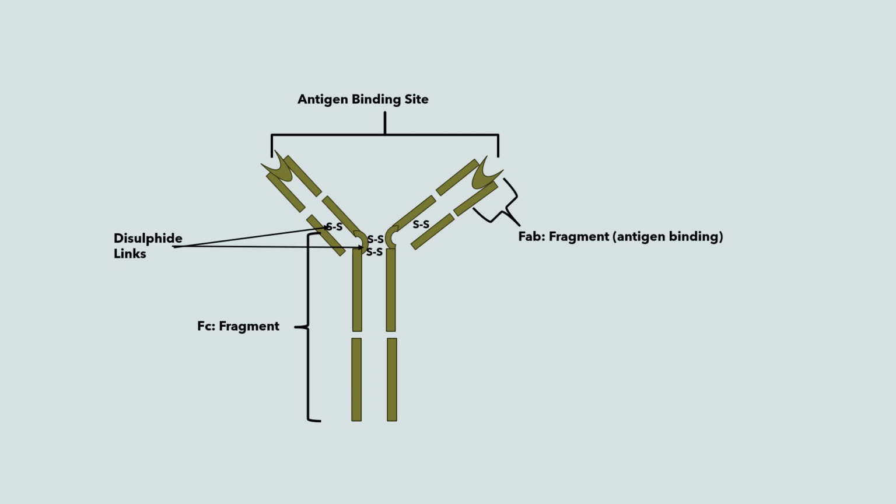As I said, if you have this FC region, and if that FC region is responsible for the effector function, which is this antibody dependent cellular cytotoxicity that you actually want, you can enhance it, but you also don't want to get deamidation along those regions, the FC region or the Fab region, and so you can engineer your antibody to produce residues that prevent that.